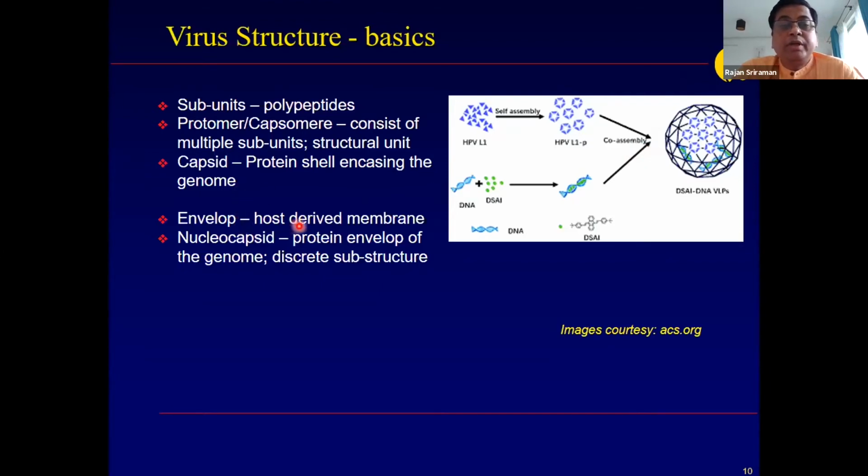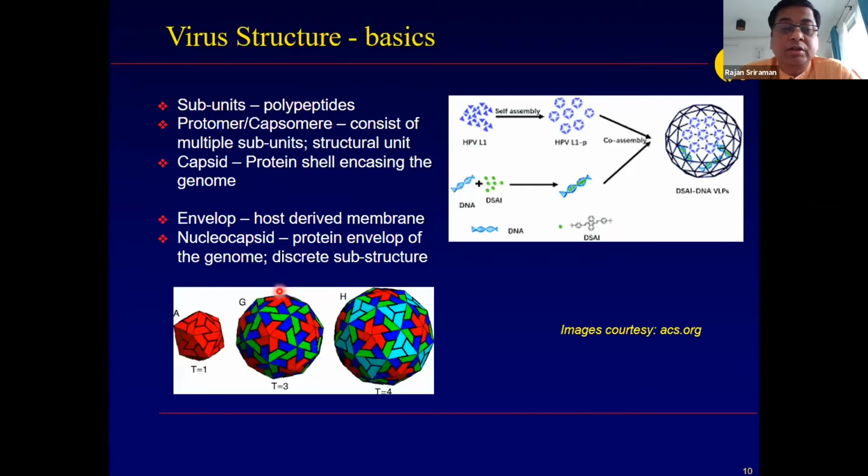An envelope is derived from the host, which is a membranous, lipid structure, and sometimes a nucleic acid is also involved. When a membranous structure is present, the genome is protected by a wrapped-around protein structure called the nucleocapsid, and they have a very discrete structure.